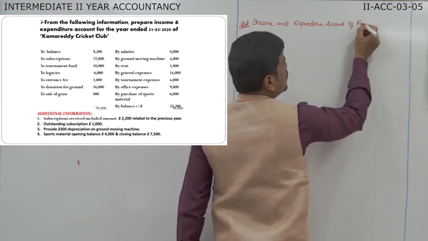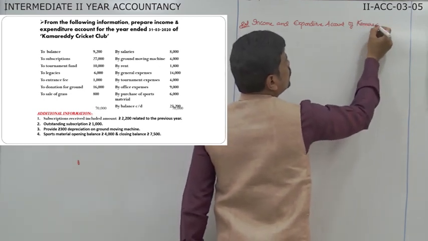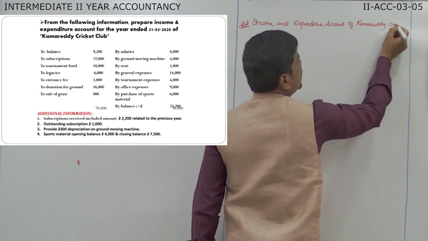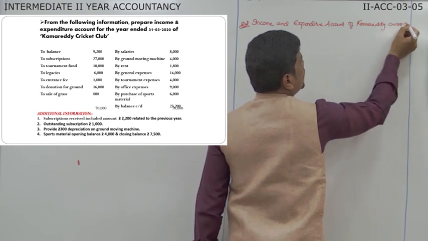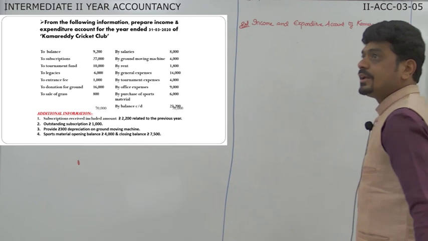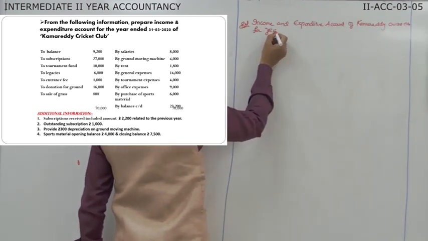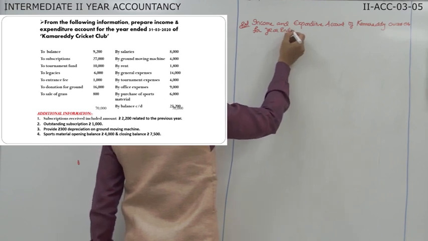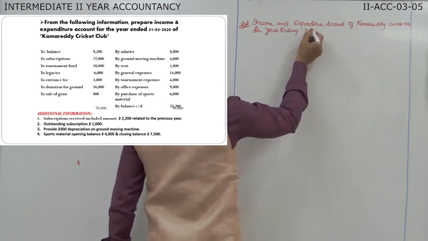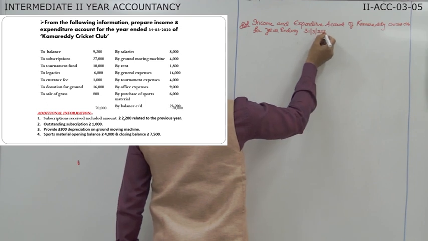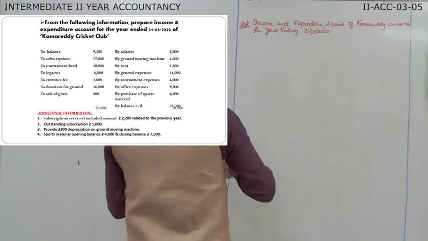Kamareddy Cricket Club. We wrote the heading. Then for the year ending 31st March 2020. Then heading is ready.